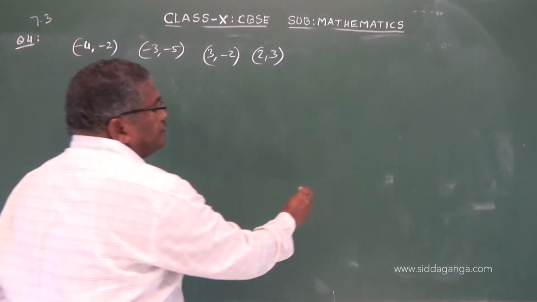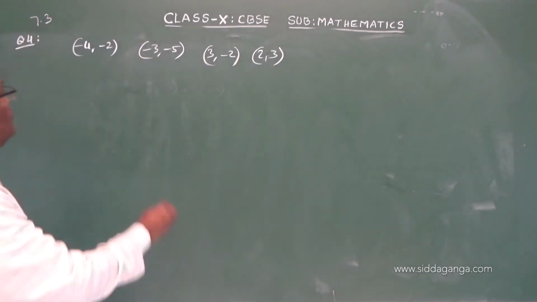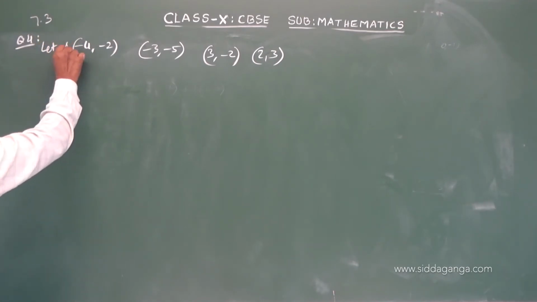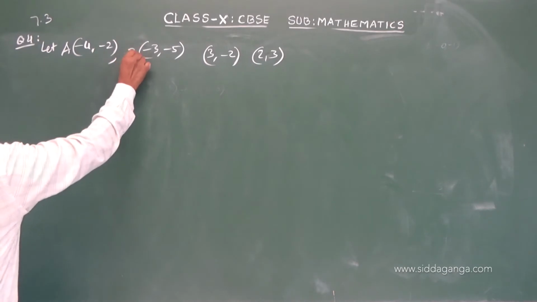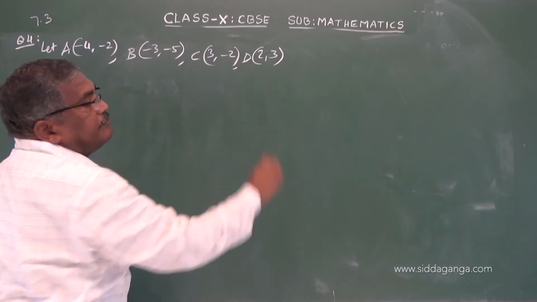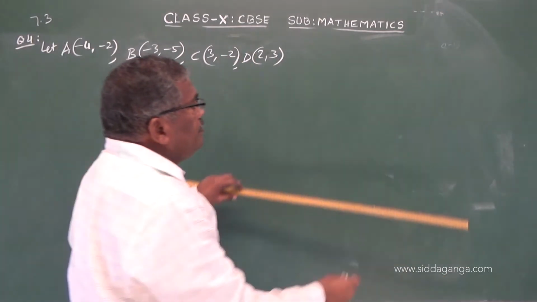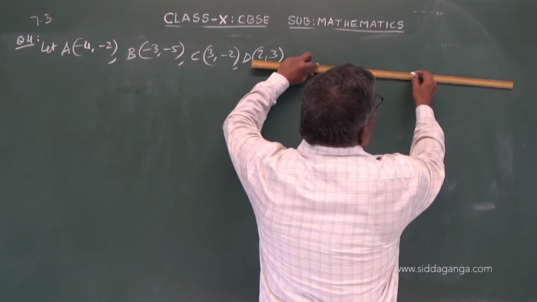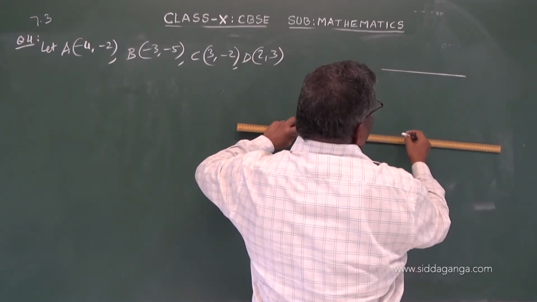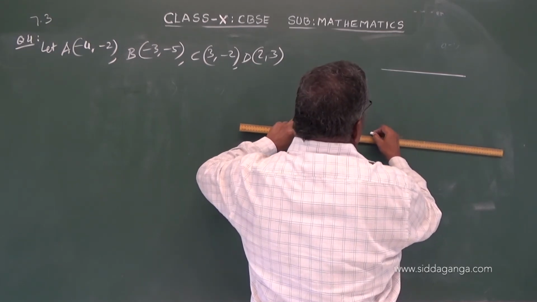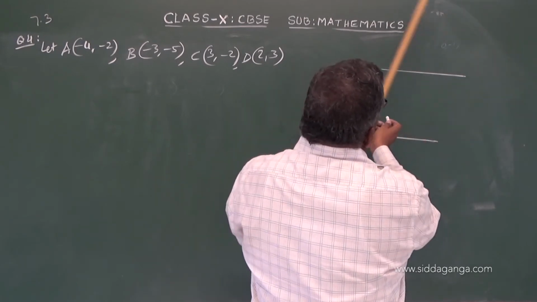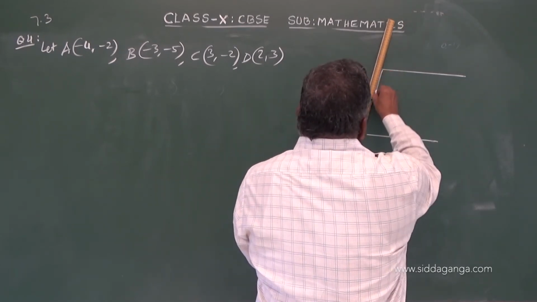Now let us call this as A, this is B, this is C and this as D. Now let us draw a quadrilateral, and I will join these points.